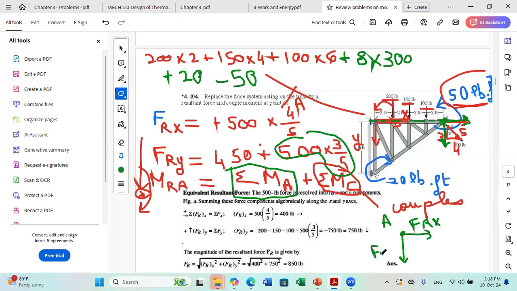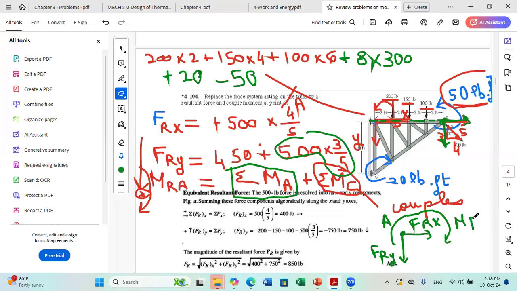So my moment MRA is clockwise. So I can present my total resultant moment at A, which is a clockwise couple. This is one possible question to reduce at A.